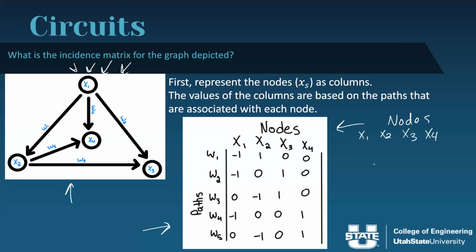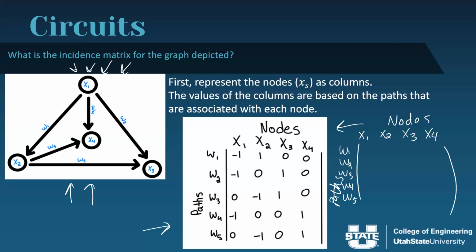And then we look at the different paths. We can see from this image that we have 5 different paths. And then we close off our matrix.